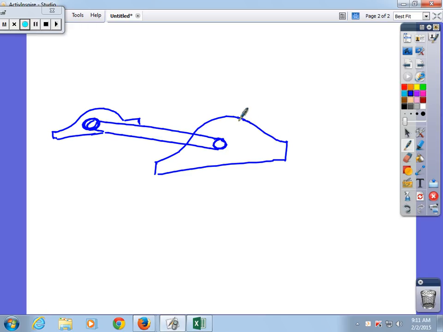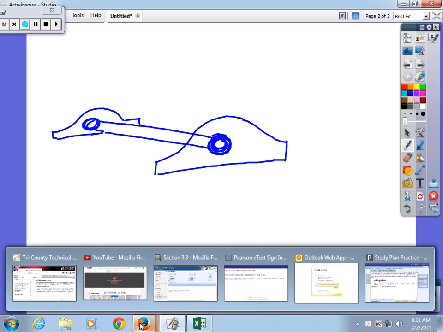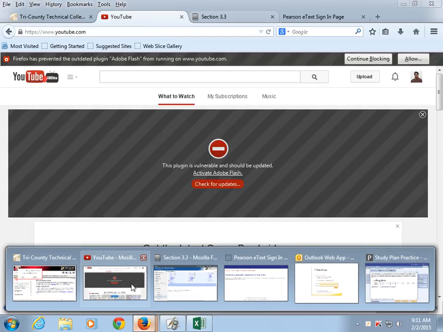Anybody know? I'll have to stab at it. Alright, well I'll just take a minute and show you what a bearing is, because some of y'all have no idea what a bearing is. So we'll just take a minute and show you.